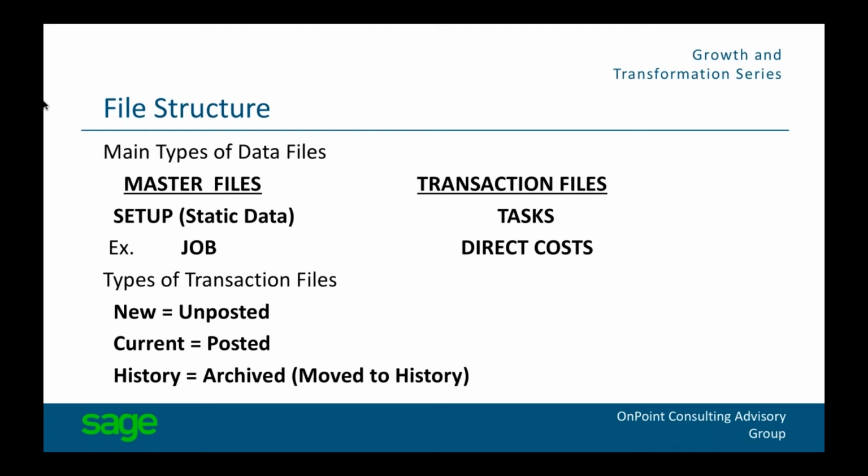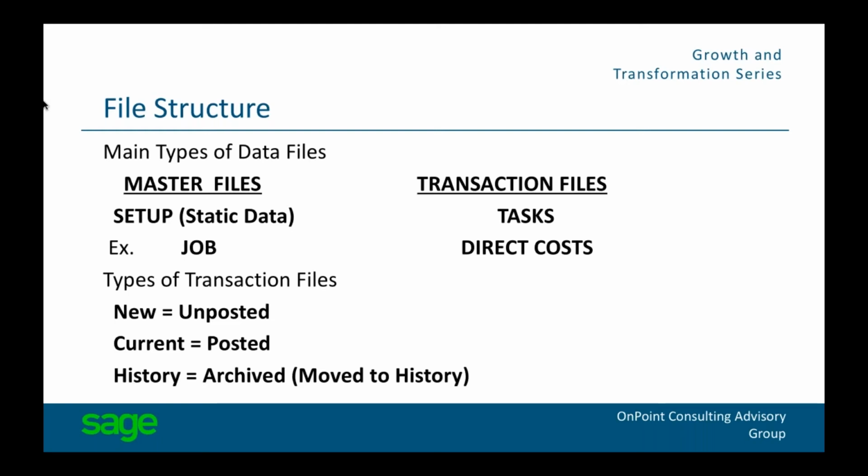When you have that kind of report, it usually asks you for a date range. You can say, I want to know from May 1 to May 31st what kind of cost hit the job. That is always off of the transaction files because it's being very specific.